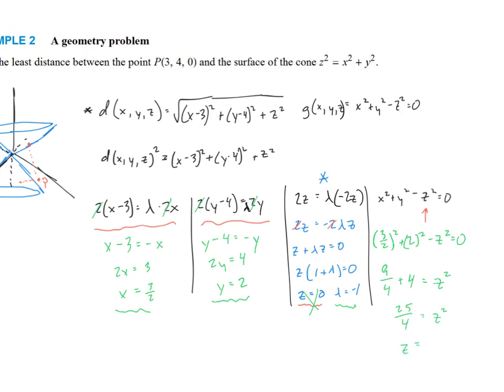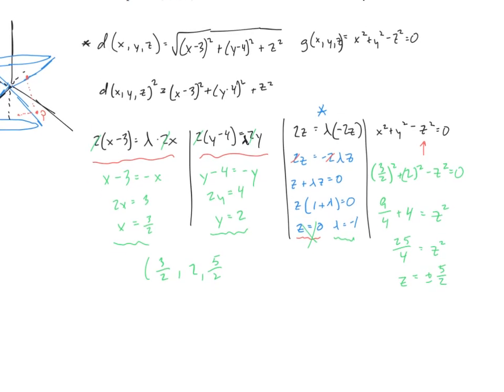So then z would be plus or minus 5 halves. So there we get 2 points. Our first coordinate is (3 halves, 2, 5 halves), and our second coordinate is (3 halves, 2, negative 5 halves).